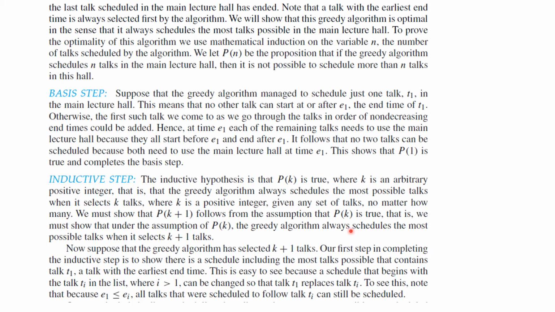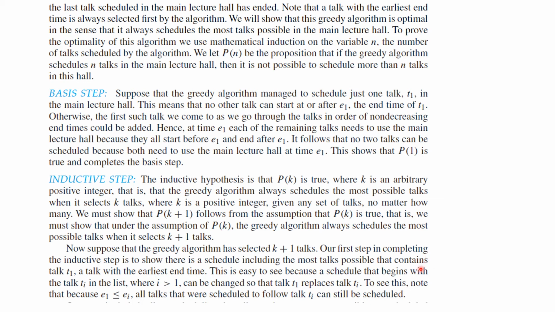That is, we must show that under the assumption of P(k), the greedy algorithm always schedules the most possible talks when it selects k+1 talks. Now suppose that it has scheduled k+1 talks. Our first step in completing the induction step is to show that there is a schedule including the most talks possible that contains talk T1, a talk with the earliest end time.